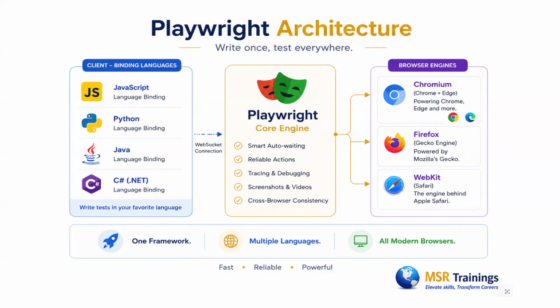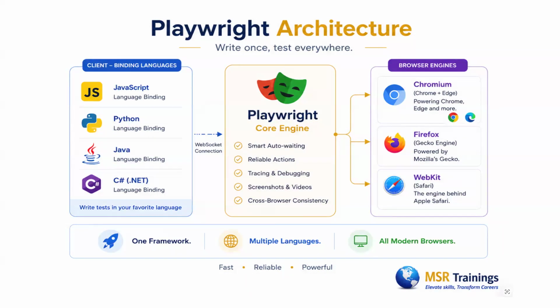Playwright uses the WebSocket protocol for communication. WebSocket is a bidirectional protocol. Whenever a connection opens, it can communicate until the end, and it receives the response from the browser back to your automation script. So this is bidirectional. But in Selenium, we use an HTTP connection.